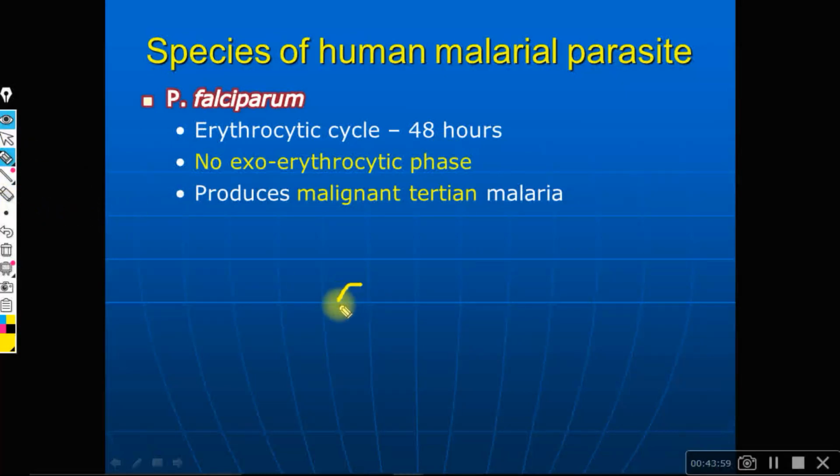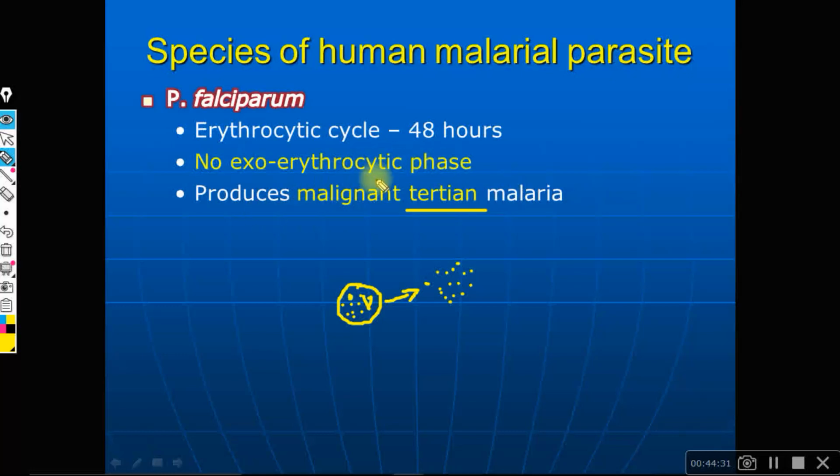All the schizonts and merozoites present in this RBC, once the 48-hour cycle is completed, will rupture, and that will release not only merozoites but also hemozoin and lots of TNF alpha, and this TNF alpha and hemozoin will lead to development of characteristic chills, shivering effects, and that's why you call it tertian malaria. Fever will reoccur every third day.